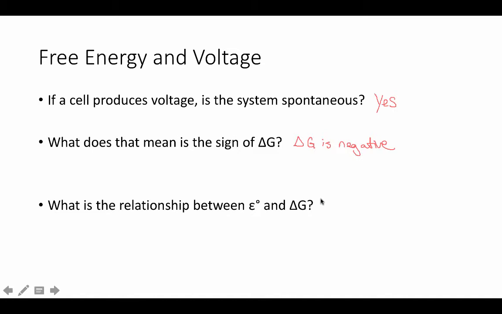So how can this help us with figuring out the relationship between our voltage and our delta G value? It means that they are opposite signs.